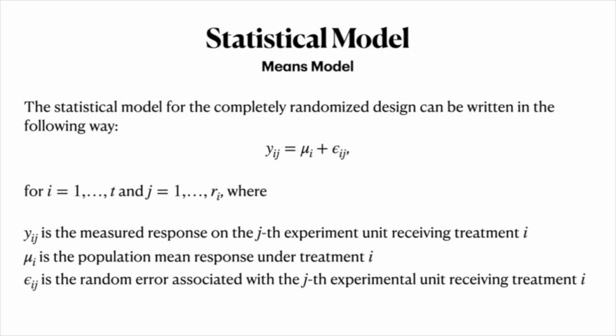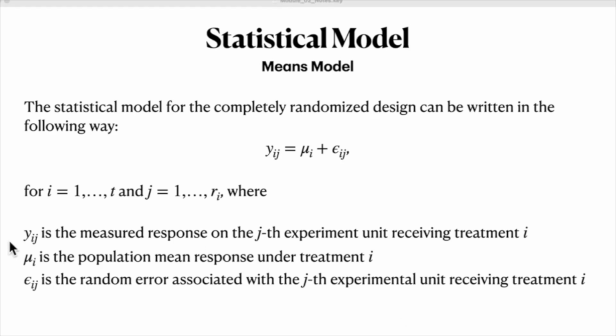This is the first way we'll look at. All right, and so we have y sub ij equal to mu sub i plus epsilon sub ij, where again i goes from 1 to t. The index i corresponds to the treatment, and then the subscript j corresponds to the experimental unit receiving a particular treatment.